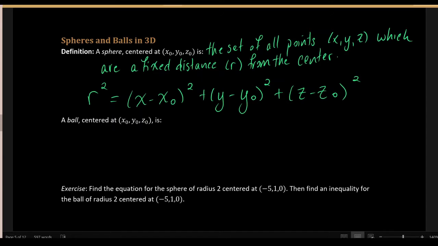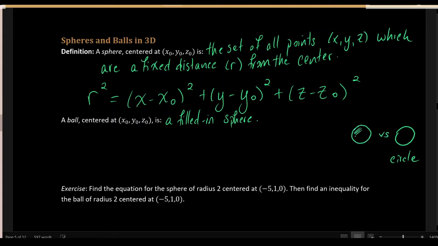Now a ball centered at x naught, y naught, z naught is basically just a sphere that has its center filled in. The equivalent in 2 dimensions is we had a circle versus if you filled in the circle and considered all the points on the inside as well.